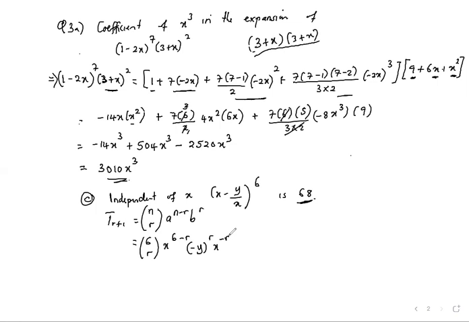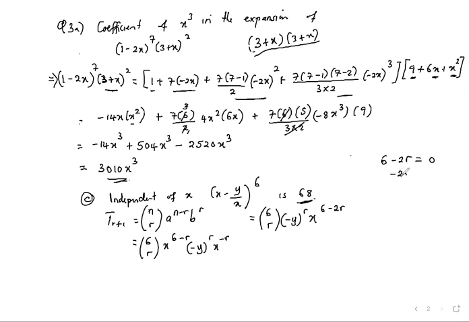So now we have 6Cr and then minus y power r and x power 6 minus 2r. So we put the powers of x together. And now we want the term independent of x. So we say x power 6 minus 2r is equal to 0.